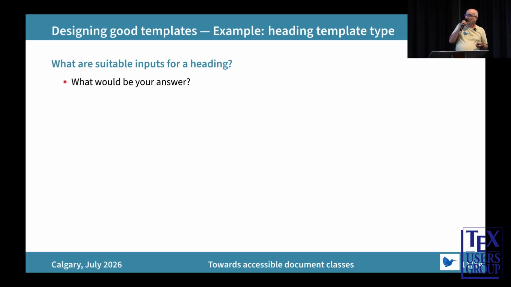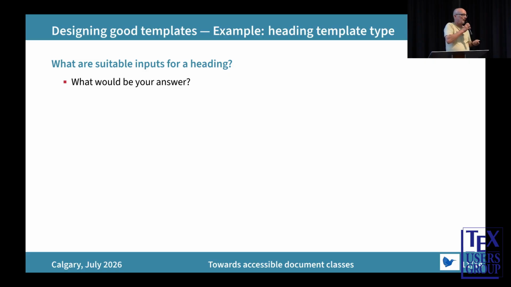Question to the audience here. What are suitable inputs for headings? Anybody? Title. Title? More? The TOC title. Okay. And numbered. Yeah, this is what everybody thinks of because that's the way LaTeX does it. Three inputs basically.